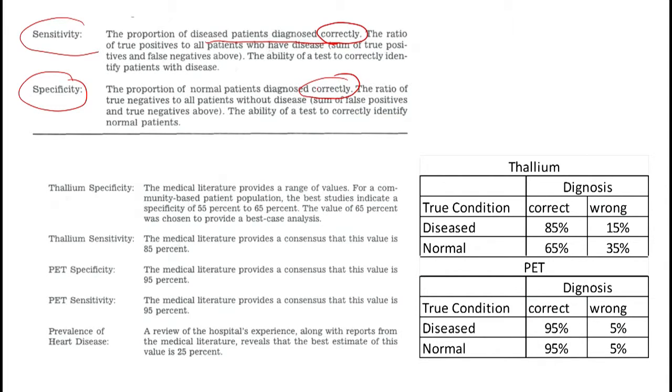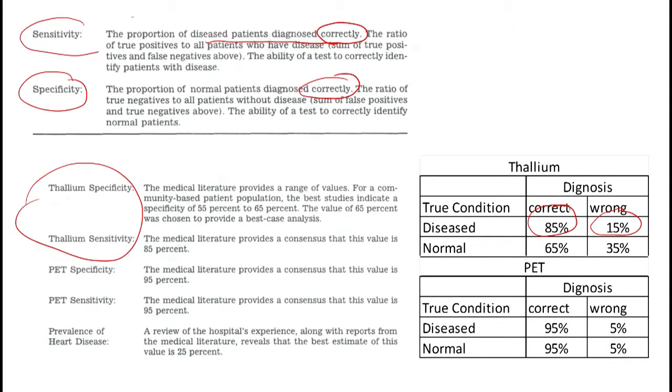So let's look at that. Let's do the thallium first. If you use the thallium scanner, of the diseased patients, the people who actually have the disease, it diagnoses 85% of them correctly, and 15% of them are told they're normal when they're not.